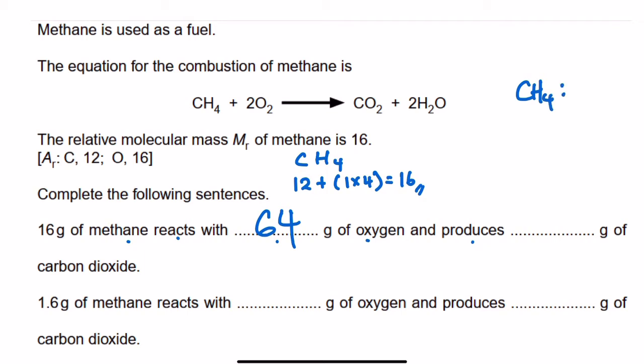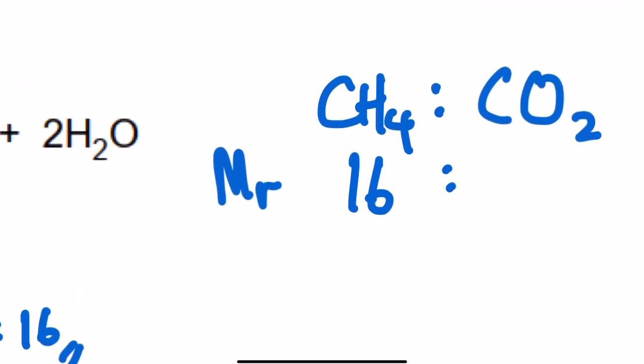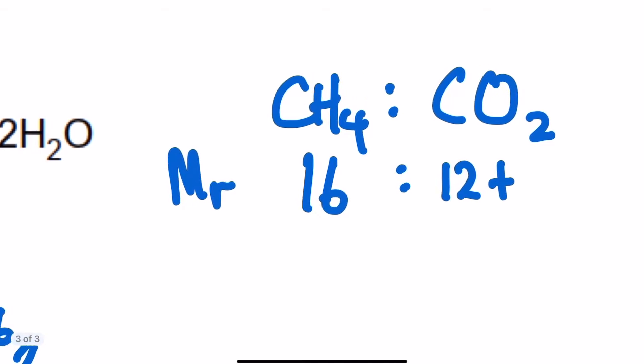CH4 to the ratio of your carbon dioxide, circle carbon dioxide, CO2. So first row is always the MR. MR for CH4 is 16, right? Next, your carbon dioxide. How do you calculate the MR, relative molecular mass? So let's zoom and check your periodic table. Carbon is 12, right? Plus with oxygen is how much? 16.